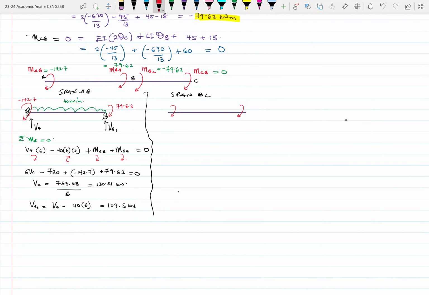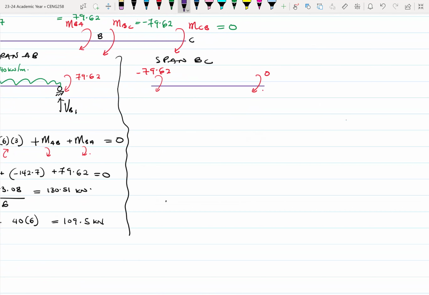This is our MCB, which is 0, and this is minus 79.62. Then we have a point load right here, which I think was 60 kilonewtons. The length on each side is 1 meter, and we want to find VB2 and then VC.